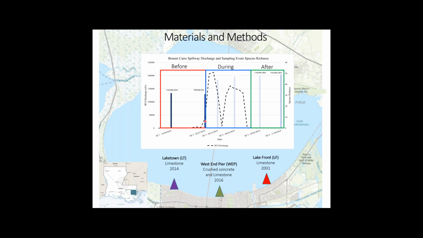So it was open from basically February through April, closed for a short while, and then reopened from June all the way through September. So we had 2 sampling events there, and then we had 1 sampling event 2 months after the closure and 1 at 4 months after the closure. So it's a nice series of sampling before, during, and after the opening of the spillway.